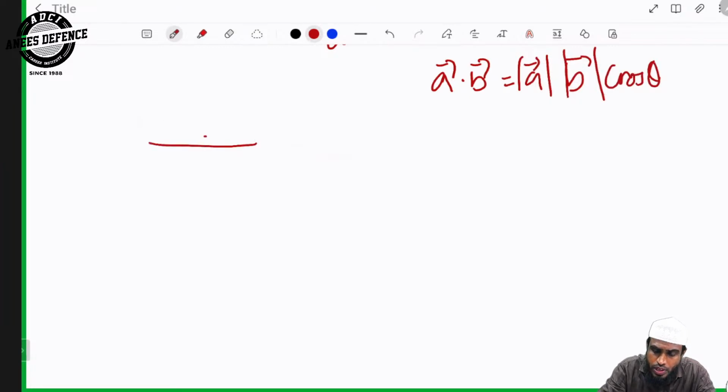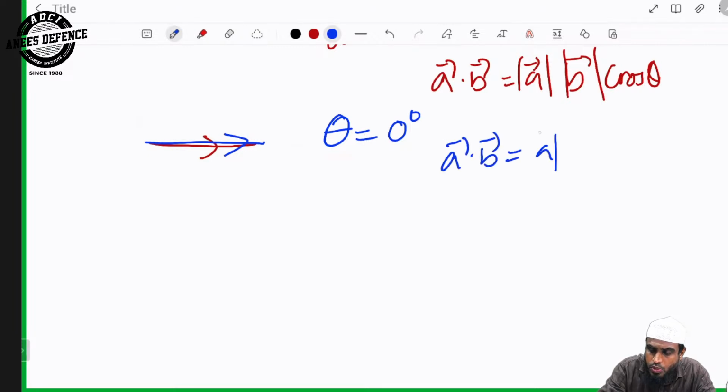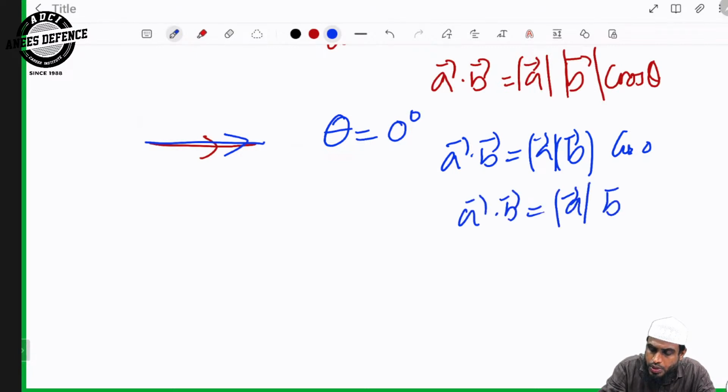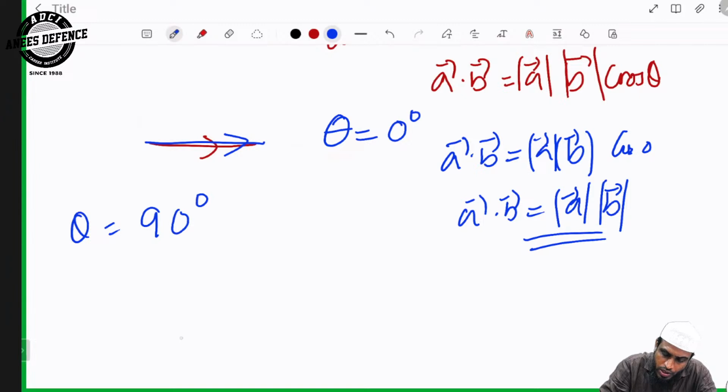So if the two vectors are in the same direction, the angle between the two vectors is theta equal to 0 degree. So A dot B equal to mod A into mod B cos 0. Cos 0 is actually 1. So A dot B will be mod A mod B. If theta equal to 90 degree, the vector will be like this.